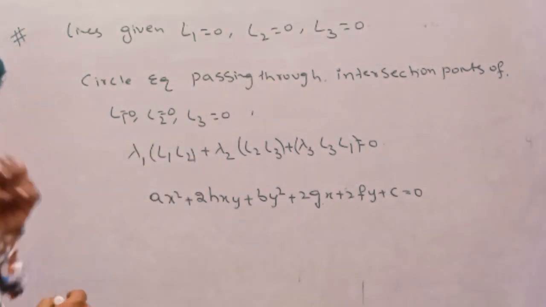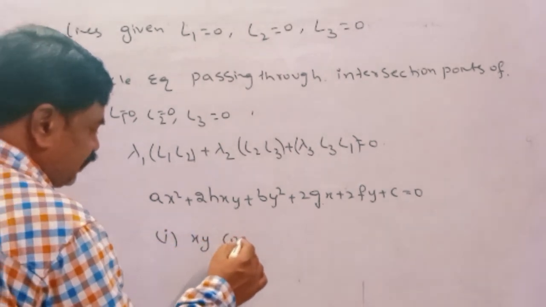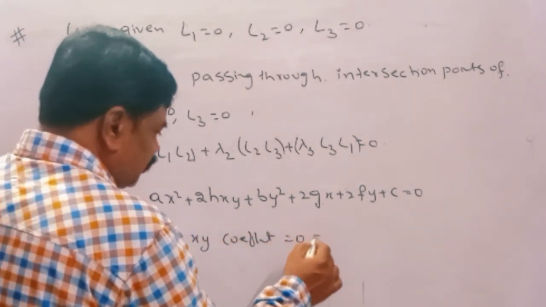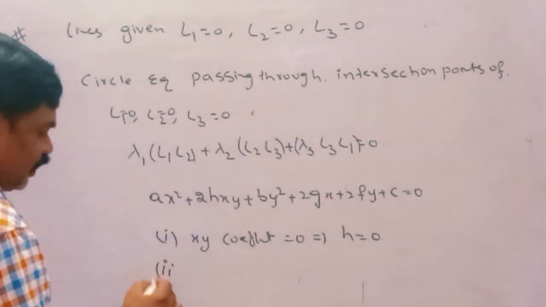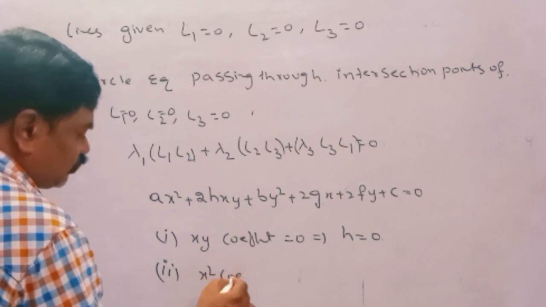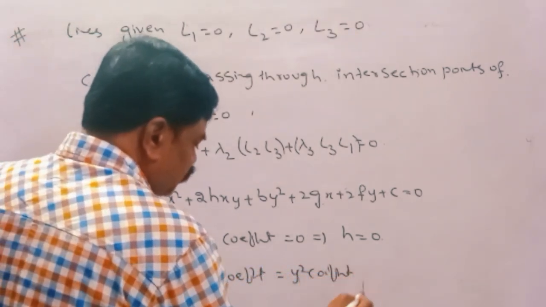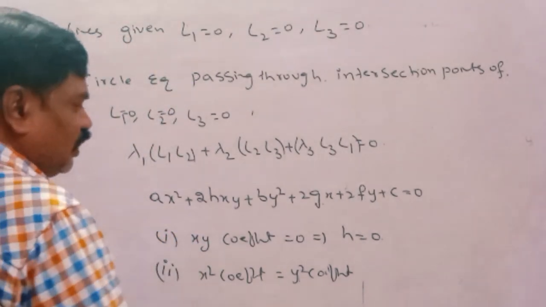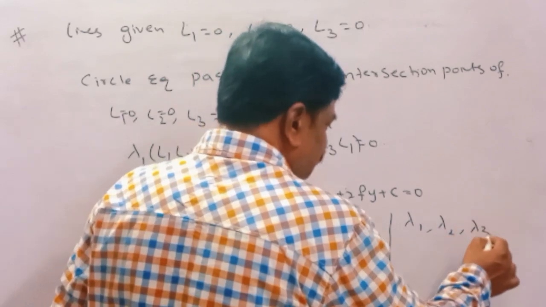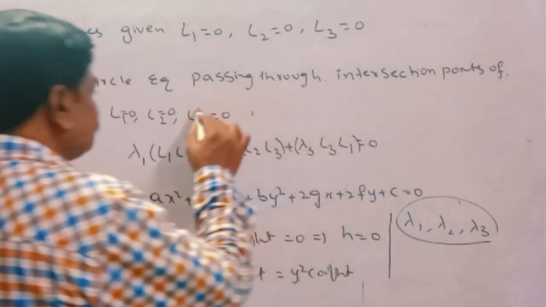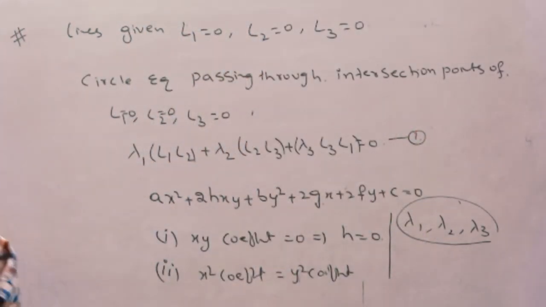Then what are the conditions? The first condition is xy coefficient is equal to 0, which implies h is equal to 0. And the second condition is x square coefficient is equal to y square coefficient. You can follow these two conditions and find lambda 1, lambda 2, lambda 3. Substitute them in this equation, and you get the circle equation.